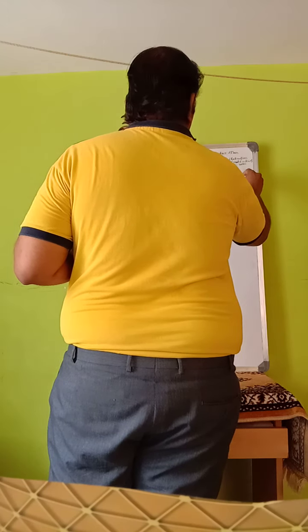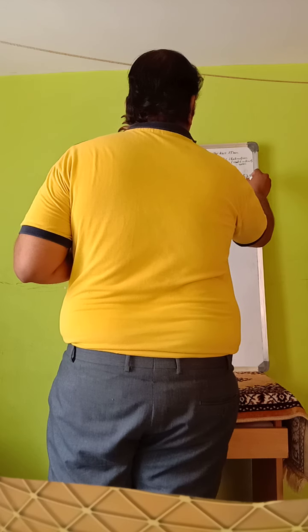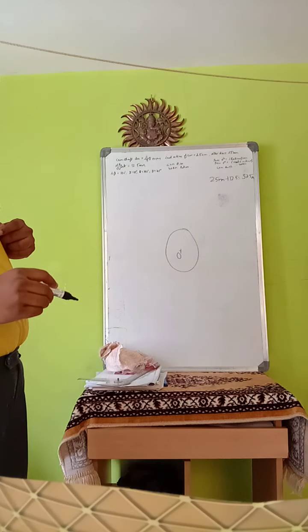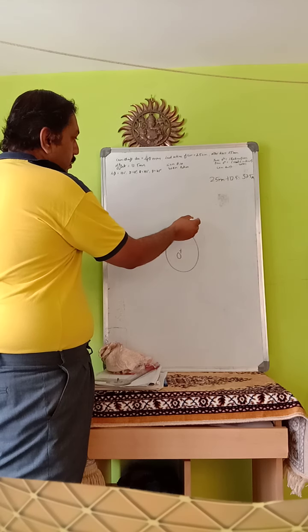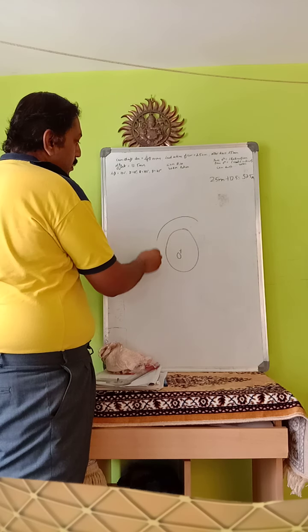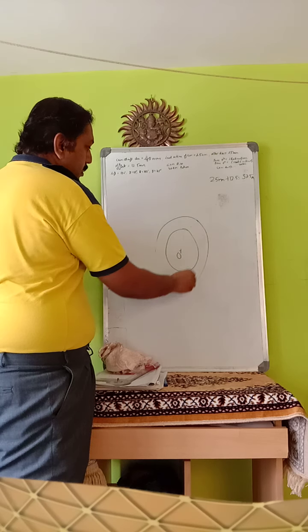Altogether it will become 37.5 mm. So the prime circle will be 37.5 mm radius with the same center O.